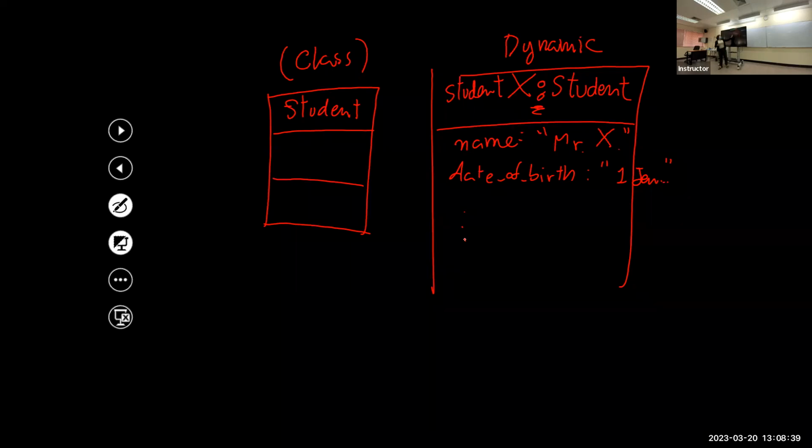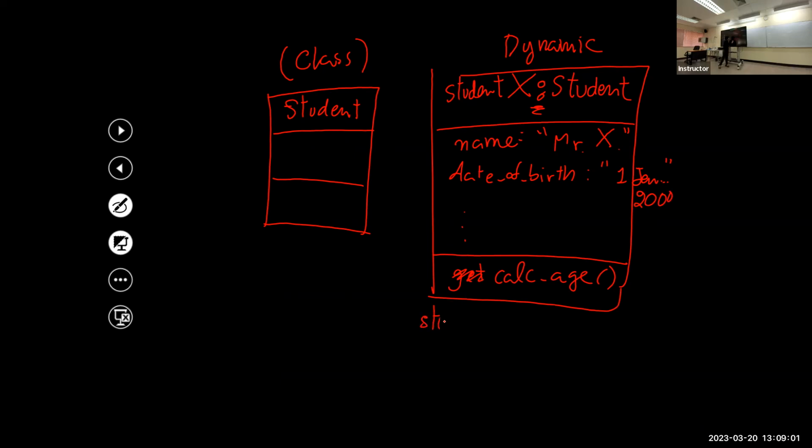At some point of time, you may execute the operation, calculate age. So suppose he was born in January 2000. If we say student X dot calculate age, it should return.